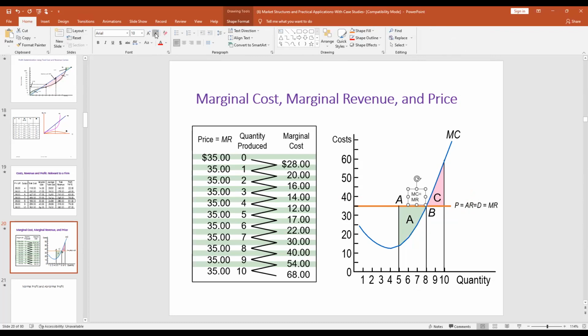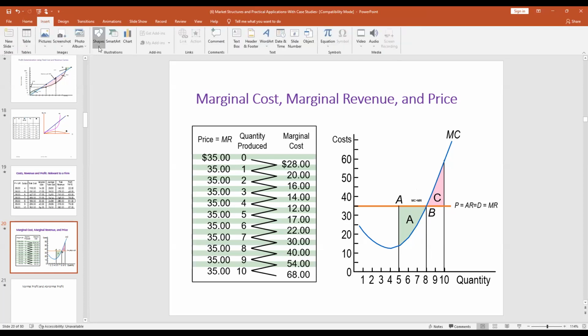Right. This is the point. I would like to show you this point: MC equal to MR. Point here. Right? We can insert another arrow like this.